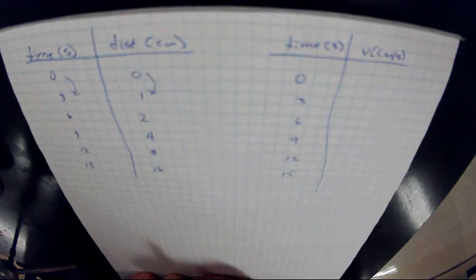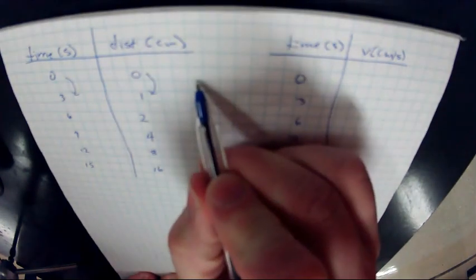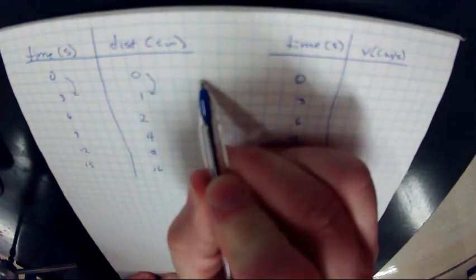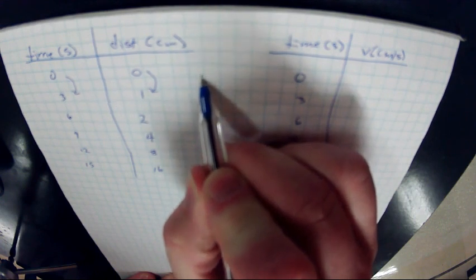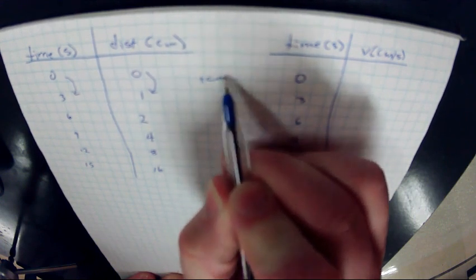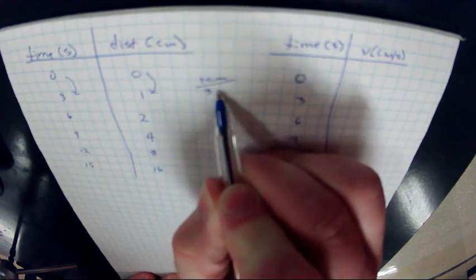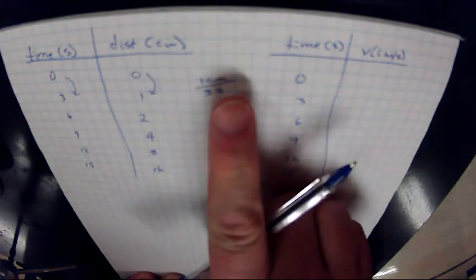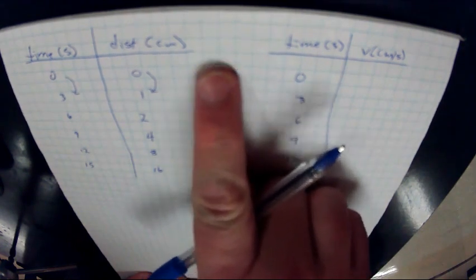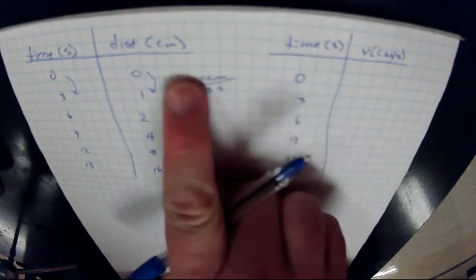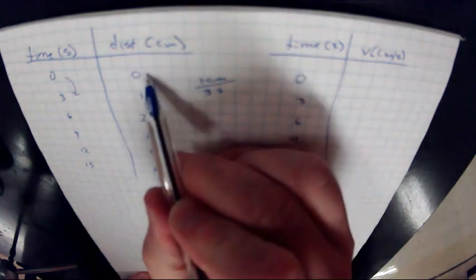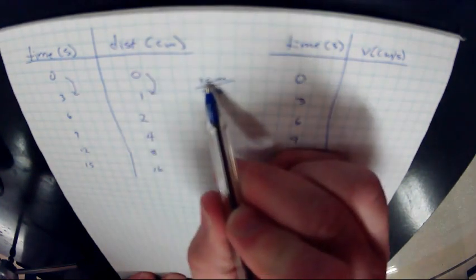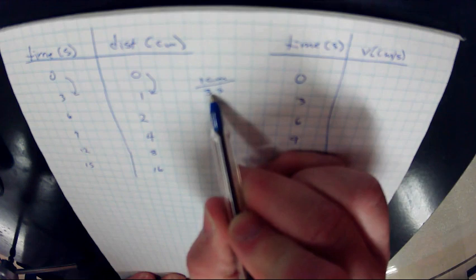What we'll see is that the distance changed by 1 centimeter, and the time was 3 seconds. Now, when you pass in your data tables, don't have these numbers written in here, okay? I'm just showing you how I got it. So in this time interval, we had a change of 1 centimeter in 3 seconds.